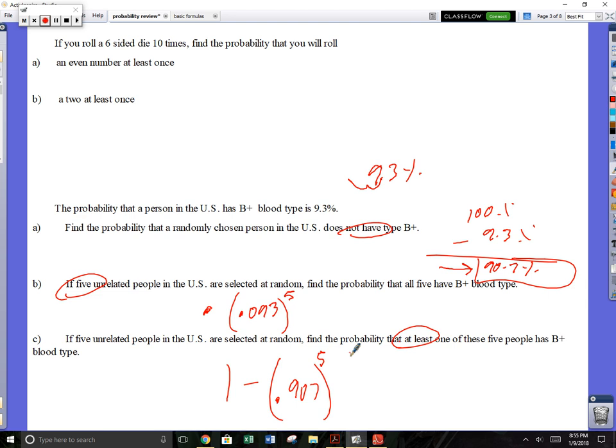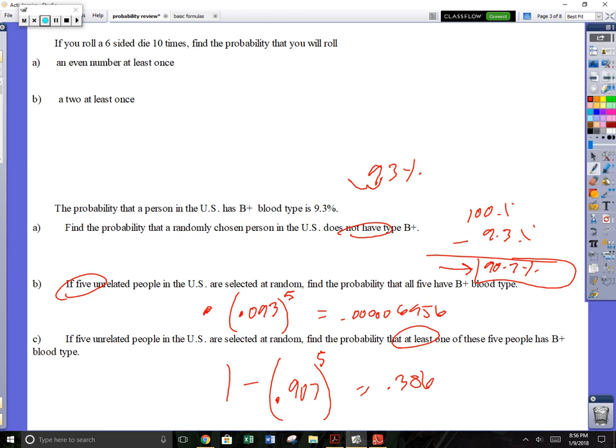Whatever that number gives me, this one's actually a higher probability. This is like 39%, 0.386. And this one was way smaller, 0.00000 and then 6, 9, 5, 6. So that's a way small chance.